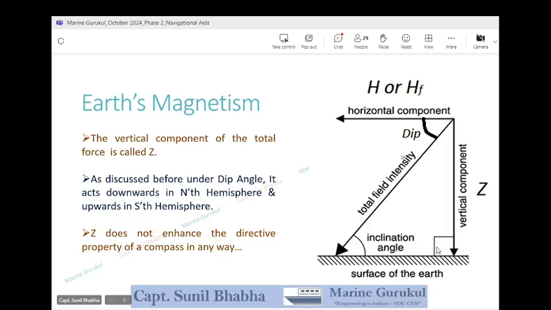Okay, great. So this was Earth's magnetism, beta. Now we are going into the ship's magnetism. So I'm closing down this presentation.